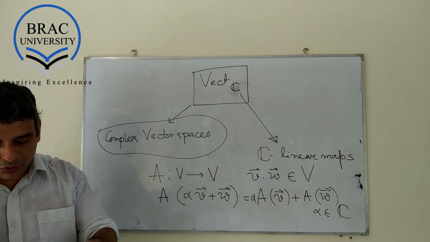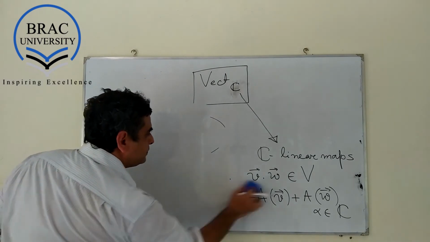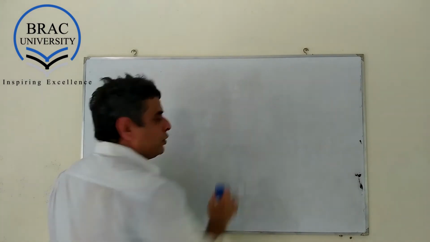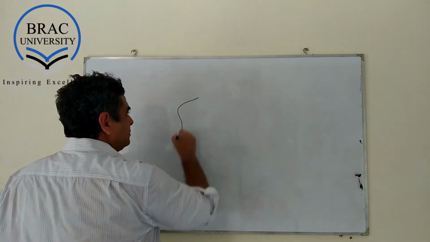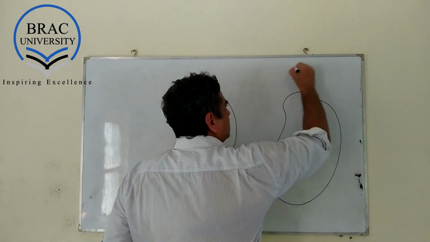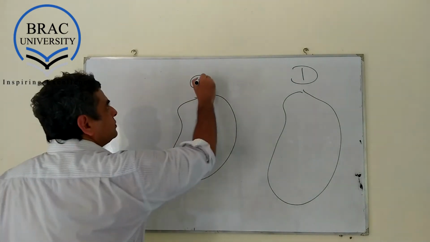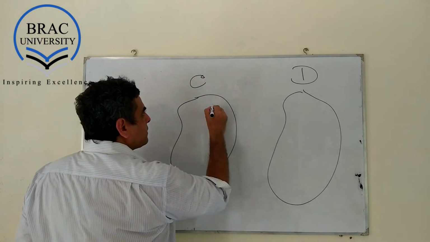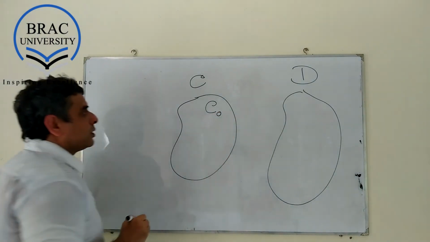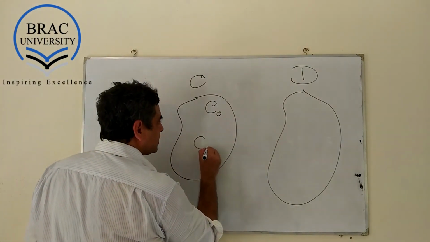Now I introduce the notion of a functor very briefly. So this is the idea. You have two categories, C and D. The objects of C constitute the collection C0, and the morphisms constitute the collection C1.